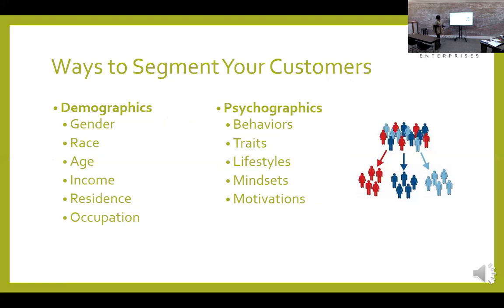Children could potentially be a demographic. So how do you want to segment your customers? Totally up to you. So take a few minutes and finish up your customer segments, narrow them down to the most important customers.